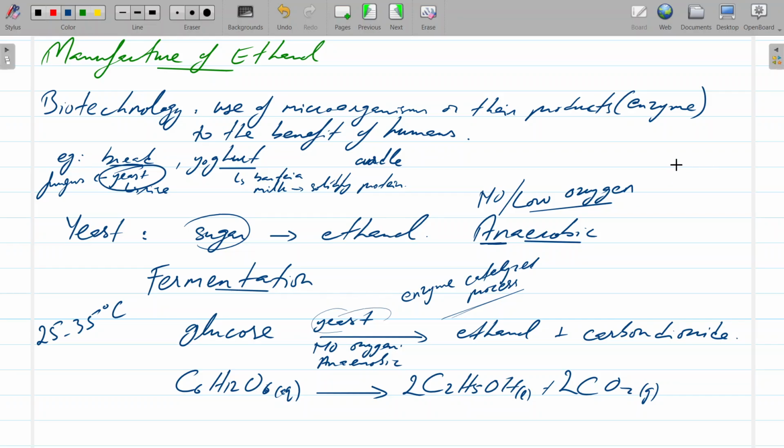If certain enzymes were extracted from a bacteria or a fungus and only those enzymes were used, they'd put in the name of the enzyme as a catalyst instead of mentioning yeast. Does that answer your question? Yes.